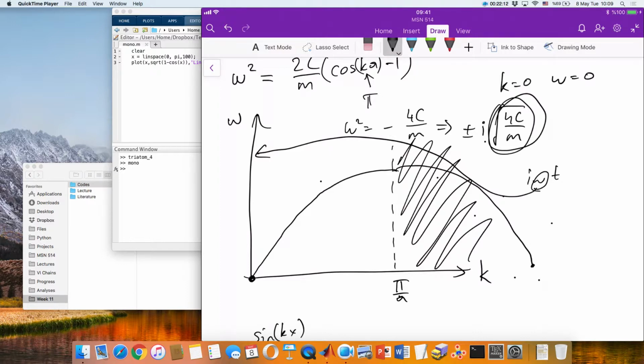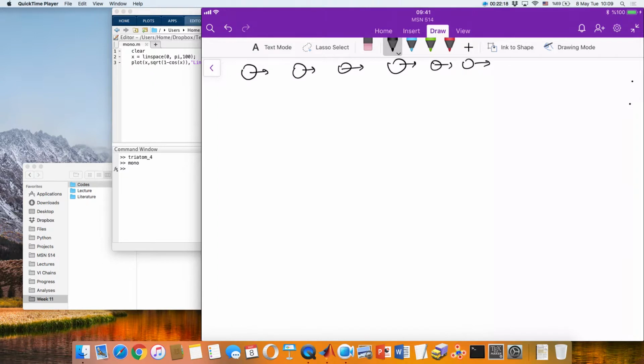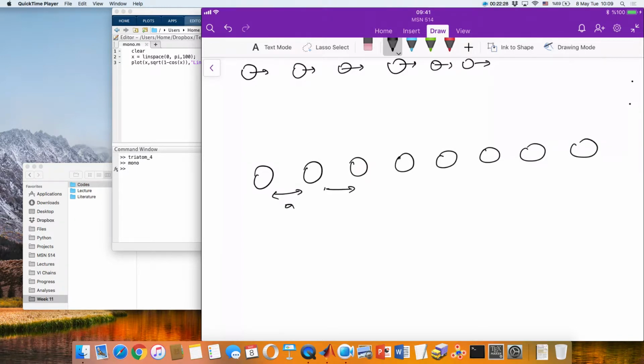What happens at k equals pi over a? Let me draw the thing one more time. So this is a, right? And I'm going to superimpose this wave that has k equals pi over a.